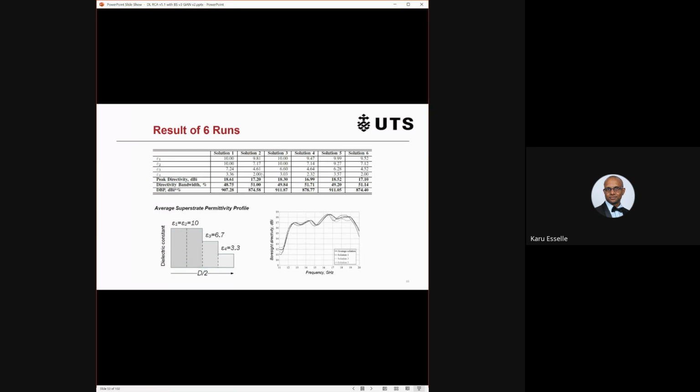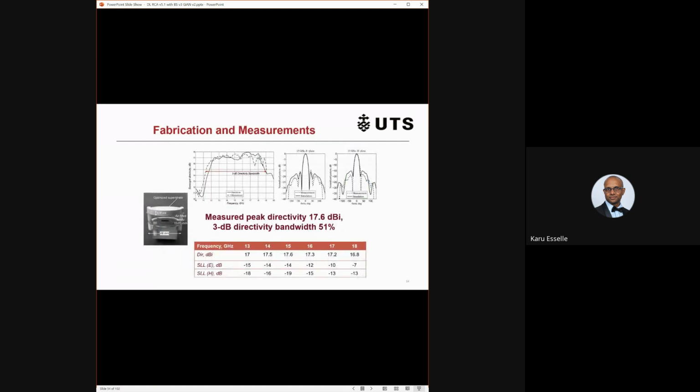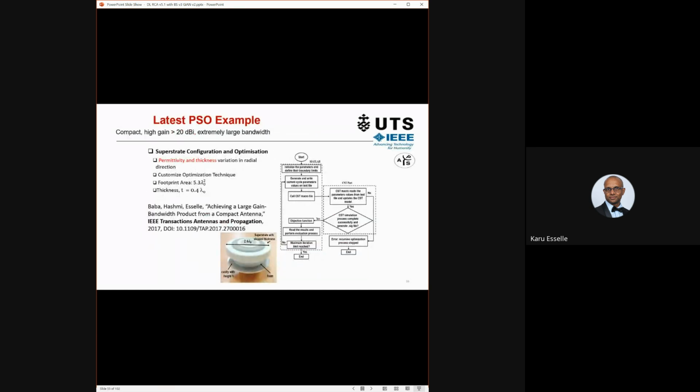And the PSO does not know any physics, but at the end, after doing this iteratively, it came up with solutions very much like that, decreasing dielectric constant with radius. So we got these parameters.